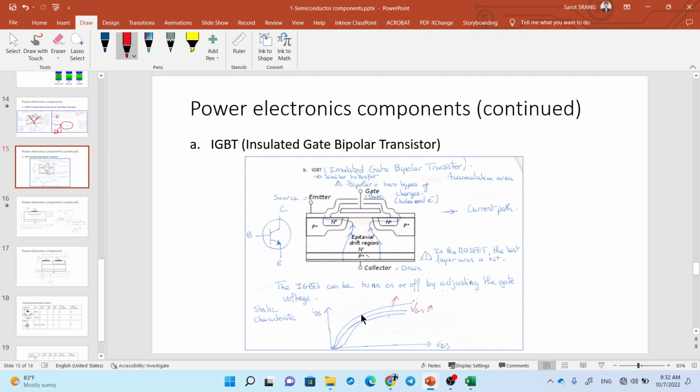High VGS means current can flow through from drain to source better, so current can be higher, at lower voltage of VD. So again, in order to turn it on and off completely, you need to supply VGS high enough.